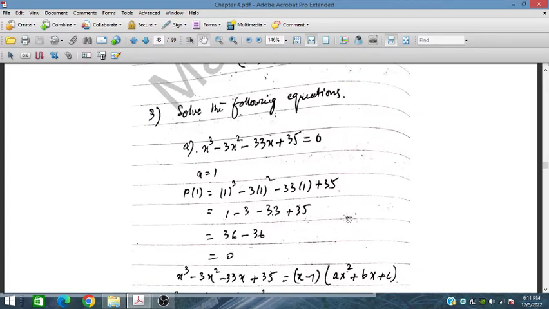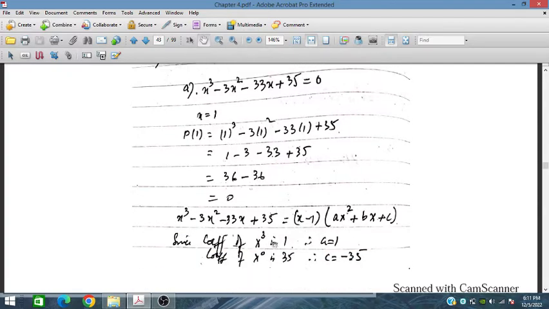Now we are applying the substitution method here. So this is one of the other methods. Here we can use ax square plus bx plus c, and we will obtain these coefficients a, b and c.